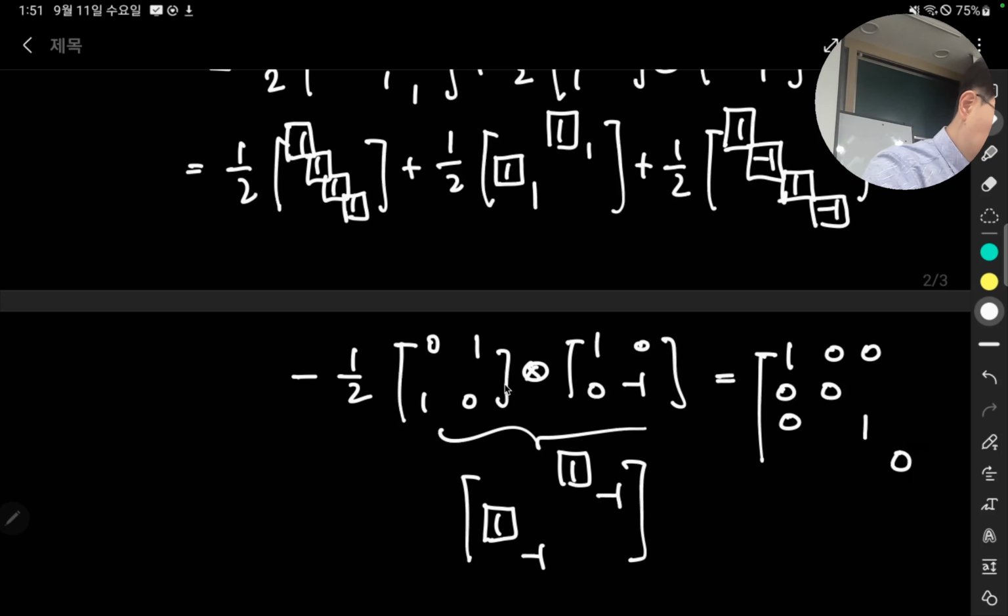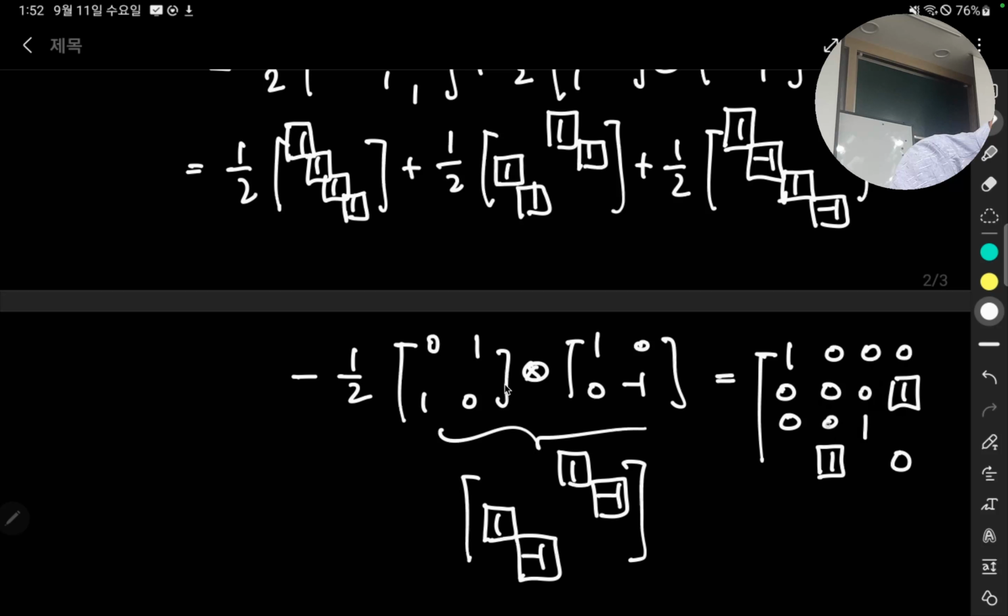What's left is actually here and here. So look at these places. Here we have 1, 1, and we have minus 1, minus 1, but we have minus 1 over 2 multiplied. So we actually get 1, 1 here. The rest of the entries are all 0. So we get the same 4 by 4 matrix we computed before.